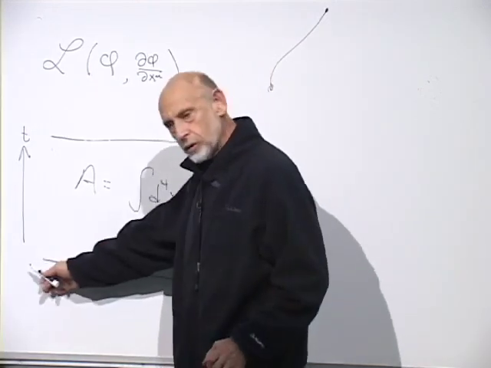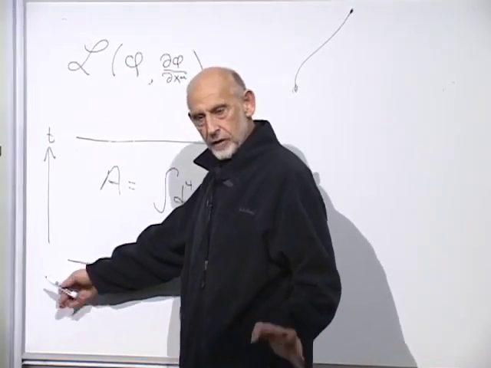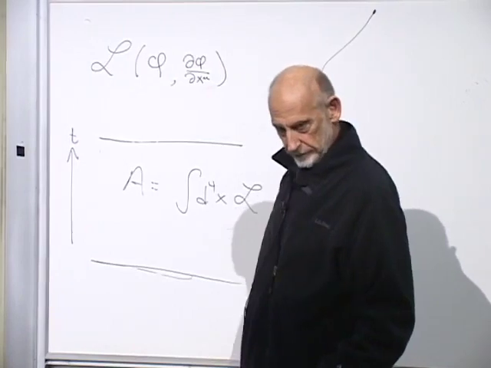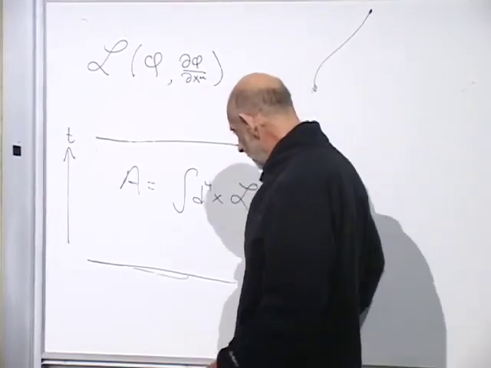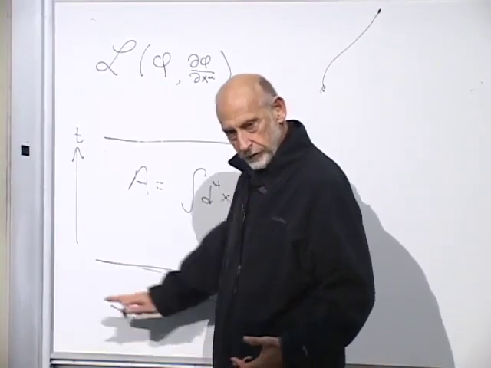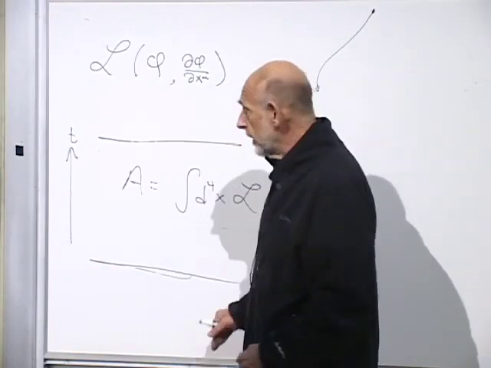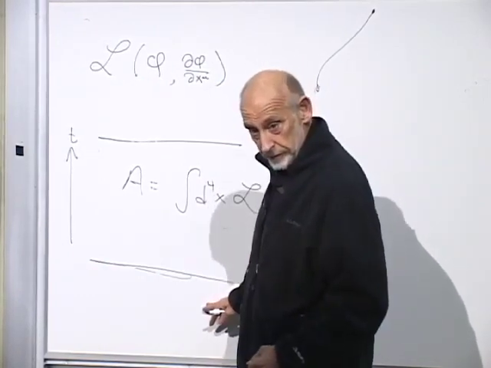Field values all along some initial surface. You pick the initial surface. Right. So in other words, you pick a time, the whole field at some cross section. Yeah. All right, which is another way of saying the whole field at a given instant of time.